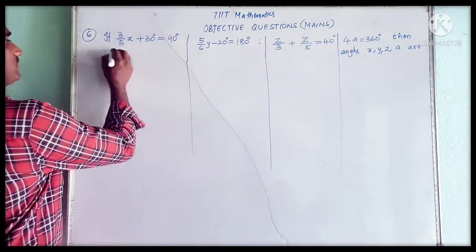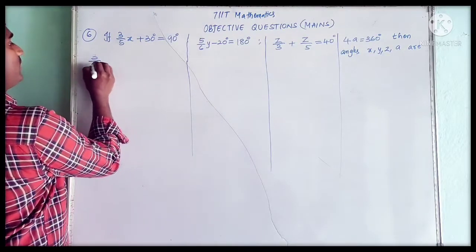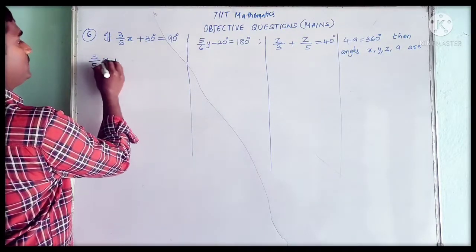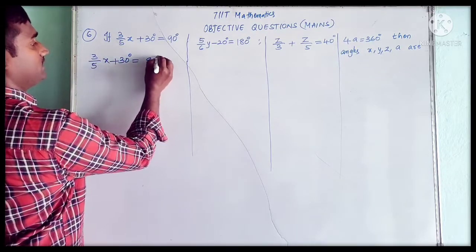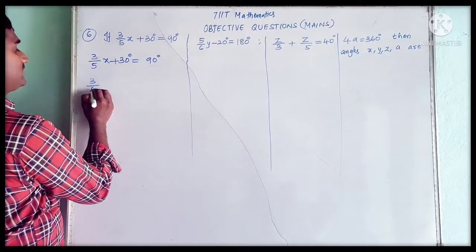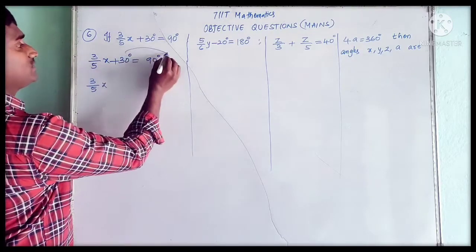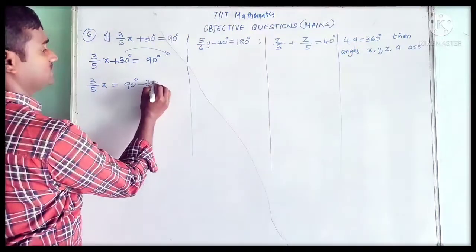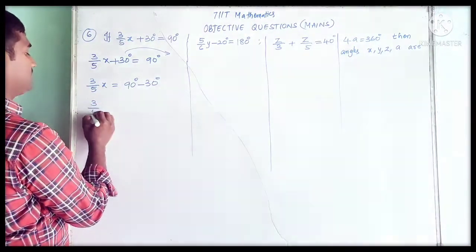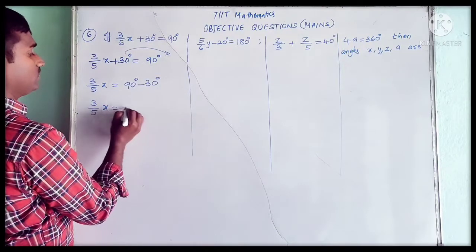So from this we can write 3/5 x + 30 degrees equals 90 degrees. This 30 degrees, transposed to the right side, becomes 90 degrees minus 30 degrees. So 3/5 x equals 60 degrees.